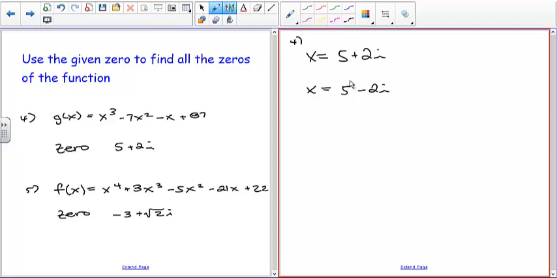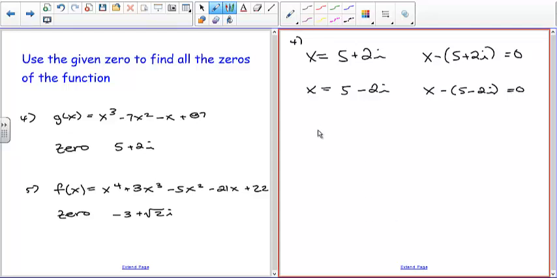And once you know both of those, you can multiply them together. So these are, again, the zeros. So the corresponding factors are going to be x minus 5 plus 2i equals 0, and x minus 5 minus 2i equals 0.